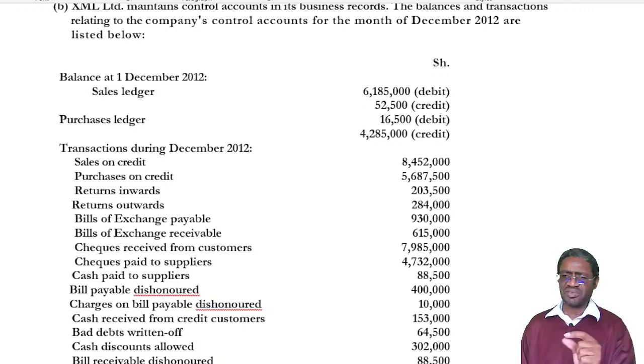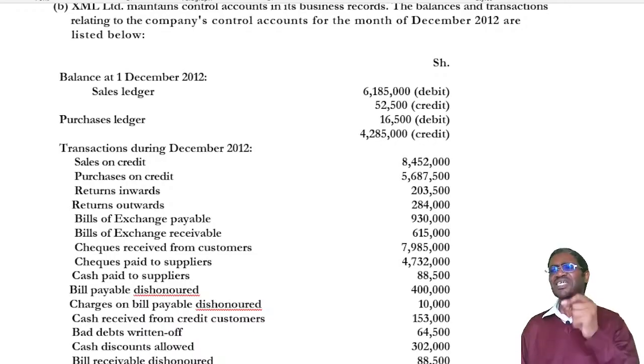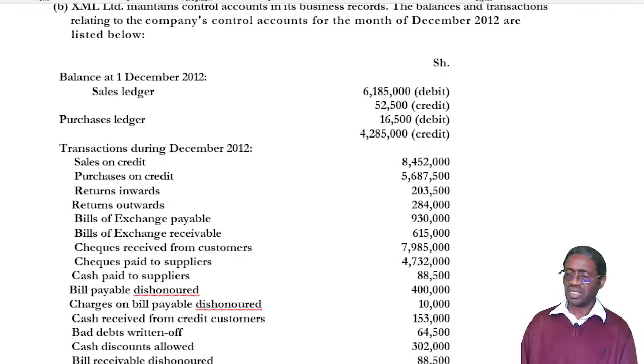After that, what comes next? We now have the next one, they are calling it bills of exchange receivable. You as a business sold goods on credit. This customer accepted to pay you by the end of the month and he signed that bill. So you received the bill of exchange. It's as good as having been paid. So to you as a business, that's a bill receivable.